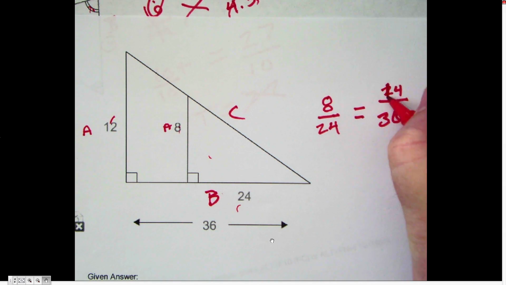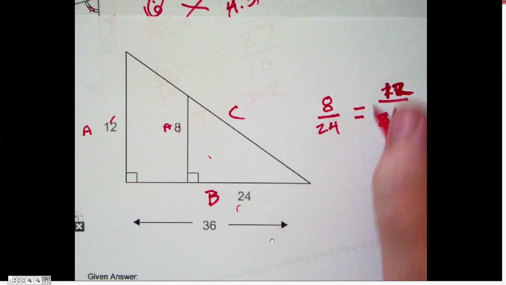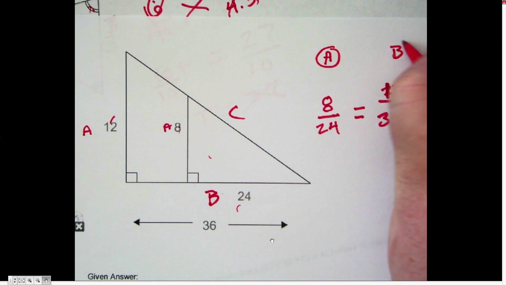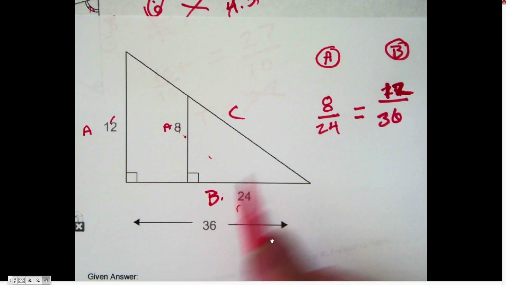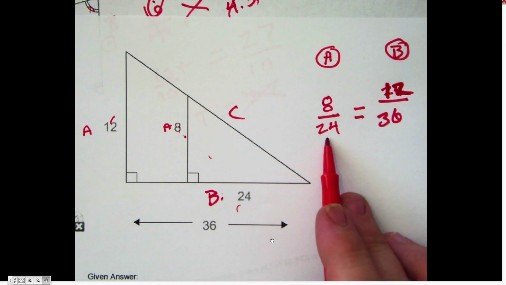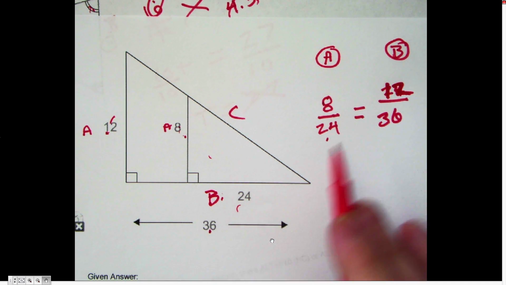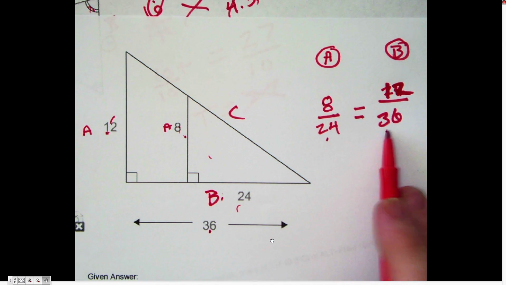So that's 12 over 36, because you want same triangle, triangle A, triangle B, side A over B, and then side A over B. So we have side A over B.